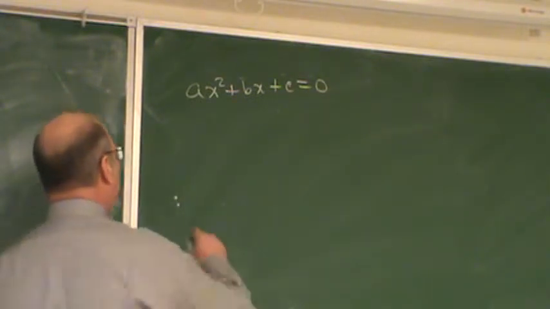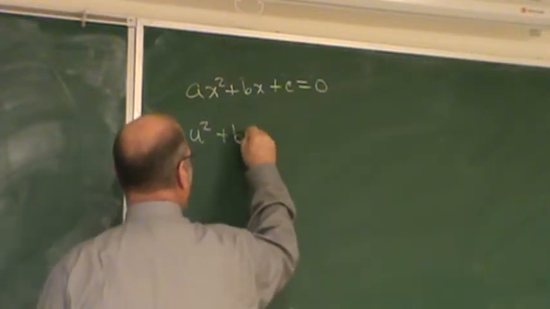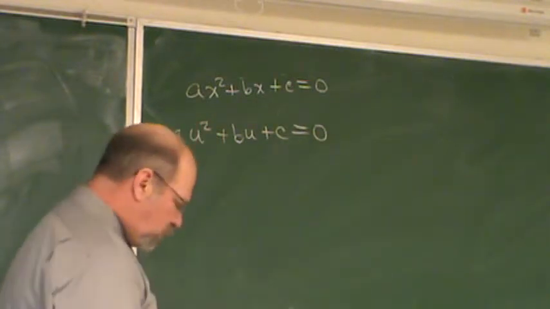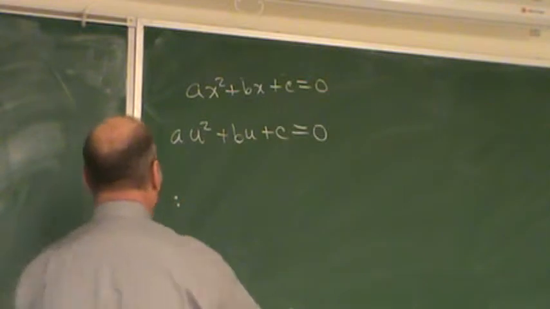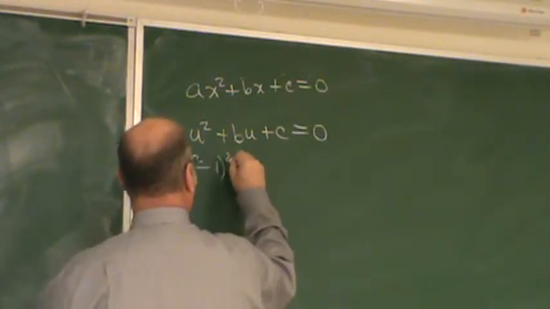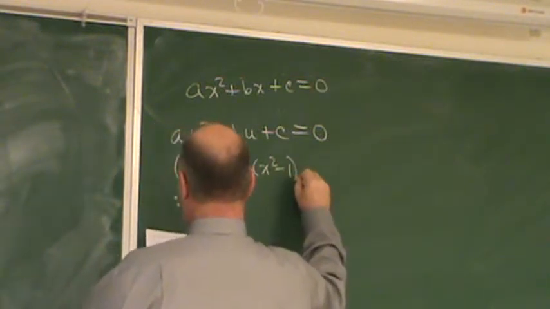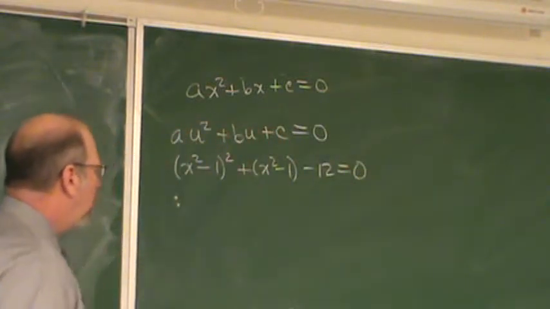If you can write it in the form au squared plus bu plus c equals 0, that's what we mean by quadratic in form. For example, this one's kind of rigged. We have (x squared minus 1) squared plus (x squared minus 1) minus 12 equals 0.